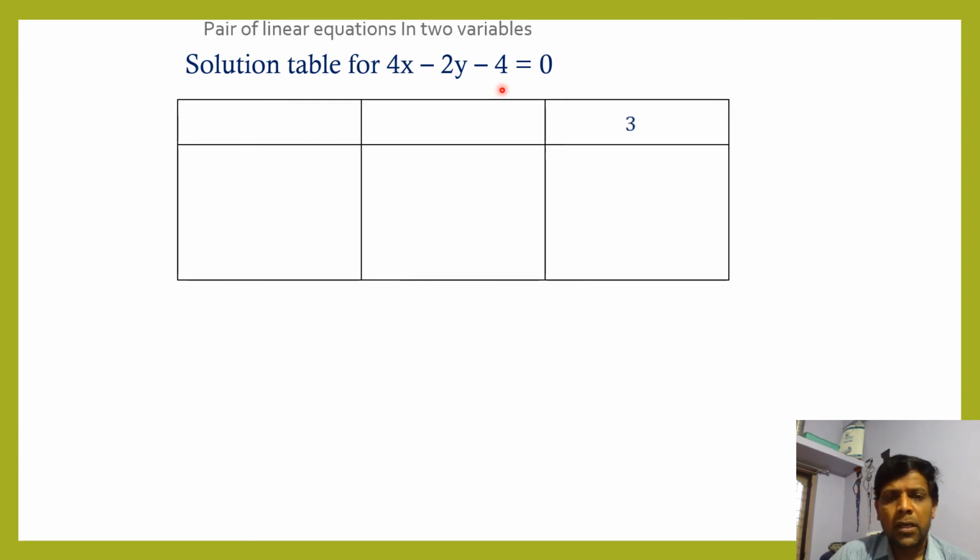Each and every term is divisible by 2, so we get y equals 2x minus 2. Now write the x values and y values for y equals 2x minus 2.